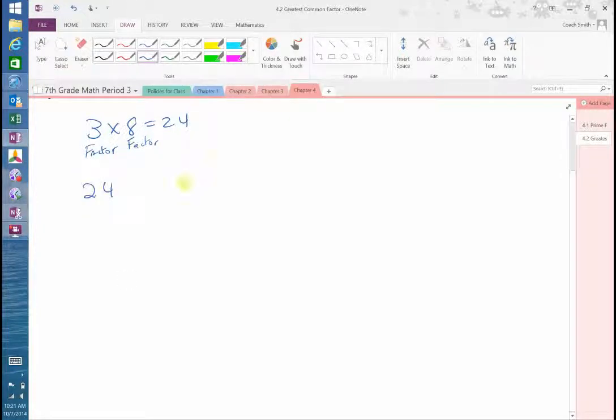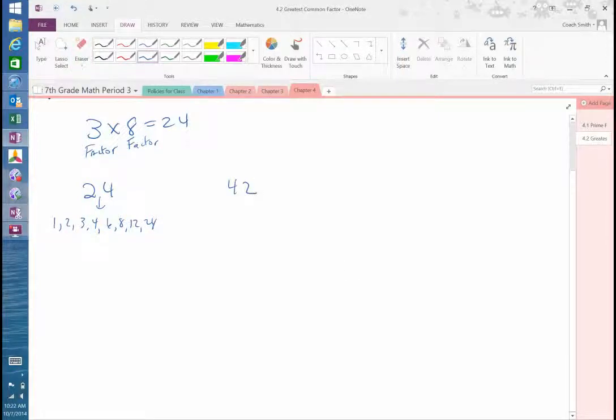Now, as we look at the greatest common factor, for example, if I had the two numbers 24 and 42, and I wanted to know the greatest common factor of 24 and 42. Well, one way that you could do it is we could list all the factors of 24. The factors of 24 are 1, 2, 3, 4, 6, 8, 12, 24. I'm going to move my 42 over a little.